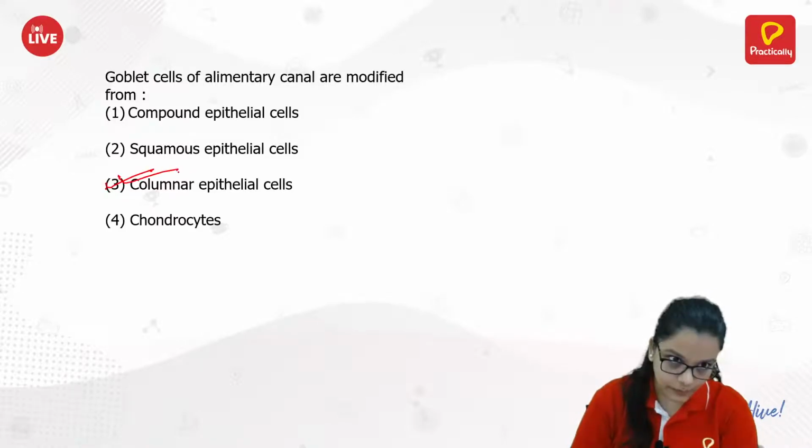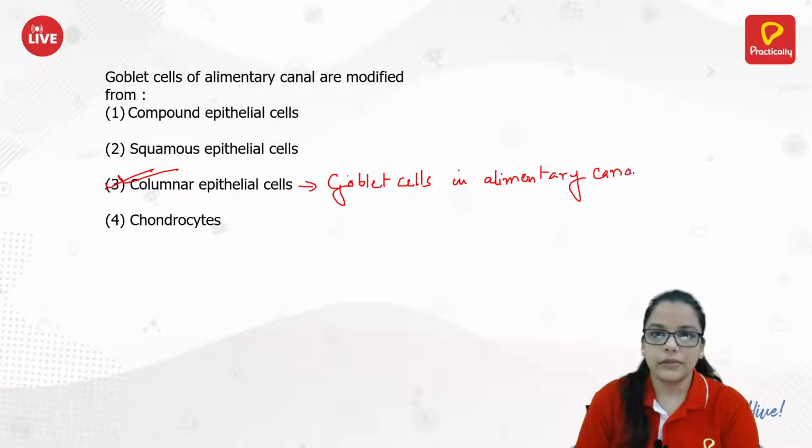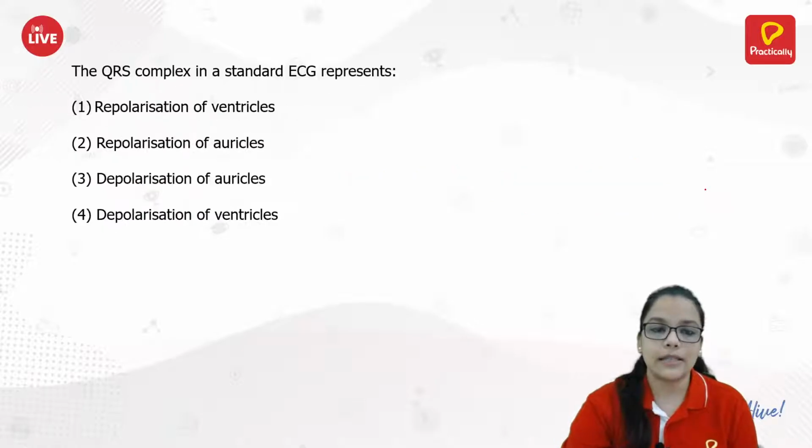Okay, these are the cells which form the goblet cells in the alimentary canal. Okay, so next, if you have any question, please ask why and everything. If you need some more kind of help or anything, please let me know.